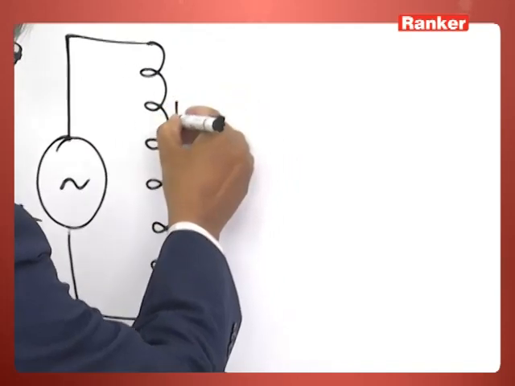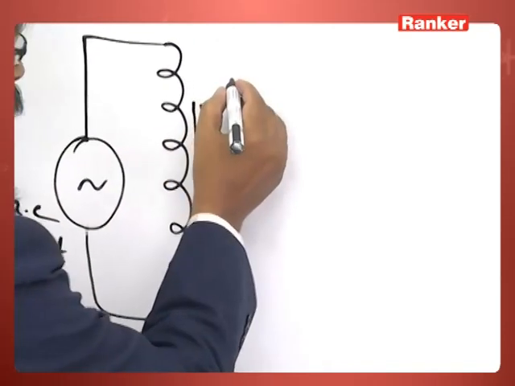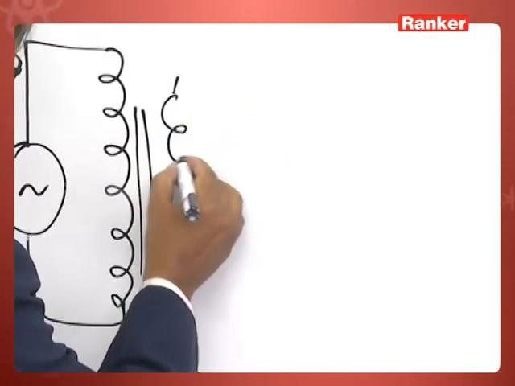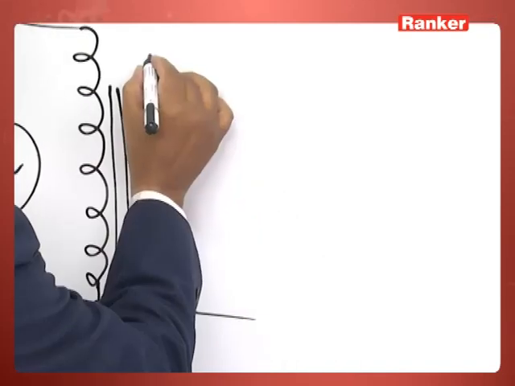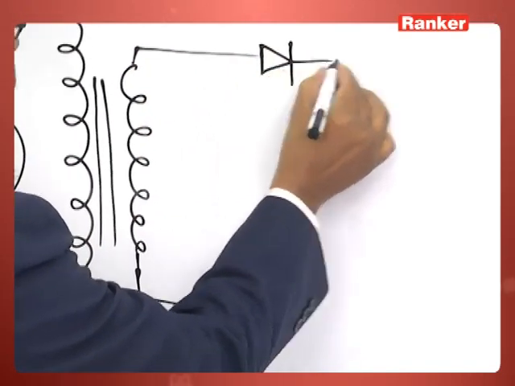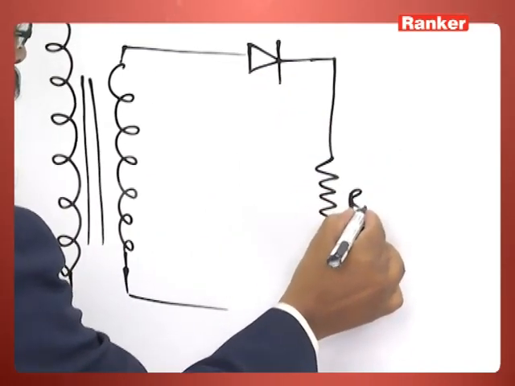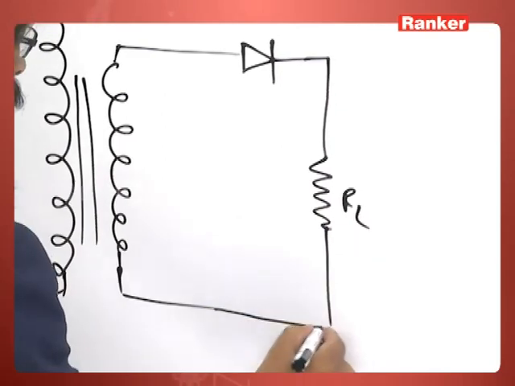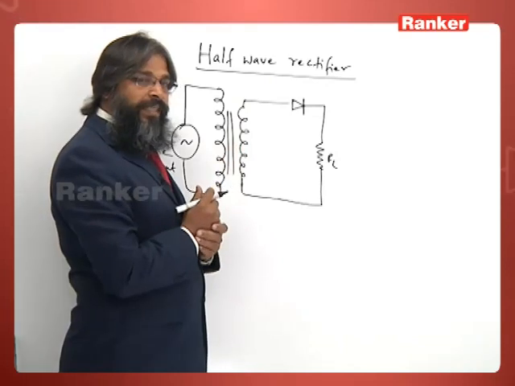This is the transformer, and we have connected this AC input to the primary of the transformer. Then we have the secondary coil, and in the secondary coil a PN junction in series with a load resistor is connected. This is the primary and this is the secondary.